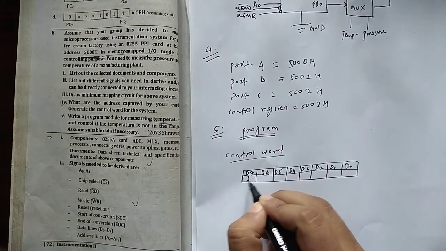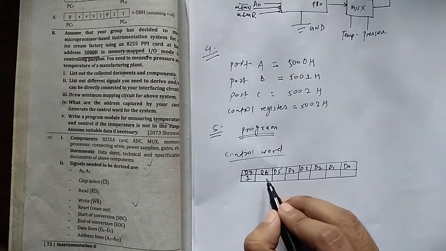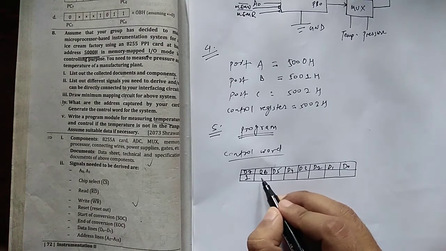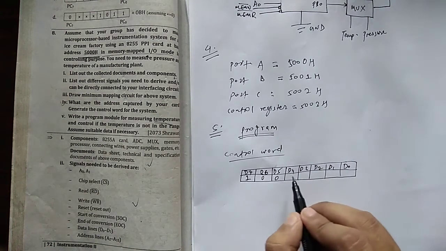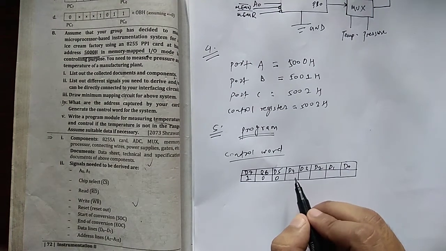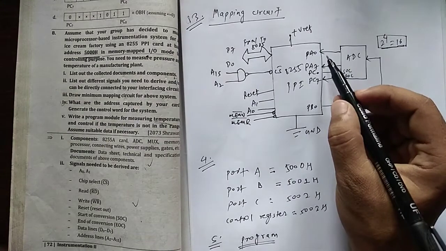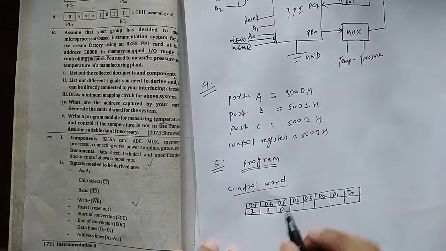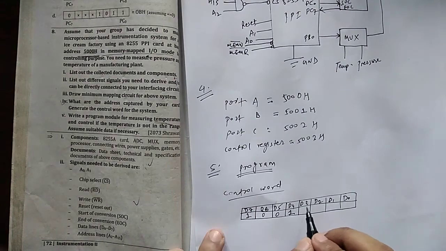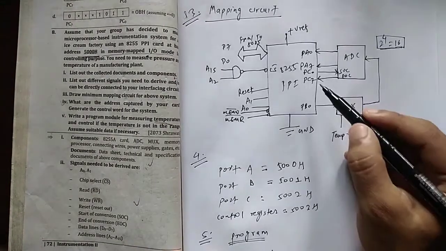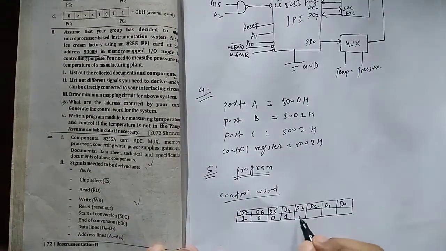Now this will be 1 as always, and the mode of port A is 0, so D6 and D5 will be 0, 0 respectively. D4 is port A, and port A is input, so we'll write 1 here. D3 is port C upper, meaning PC7, and this is input too, so we'll write 1 here.